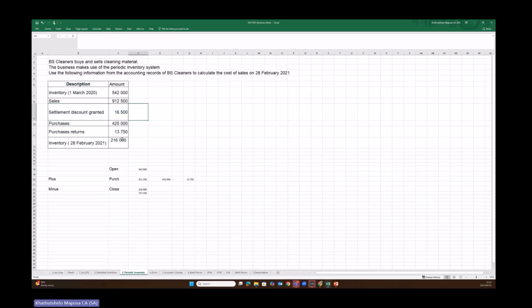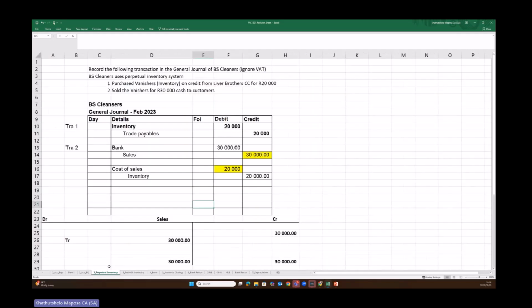They will be the same way of recording them, except that because you are doing periodic inventory system, you are not going to have this second additional transaction of cost of sales. That's one. And two, this one here, which is called inventory, will be called purchases.